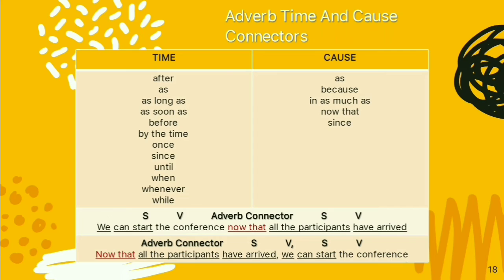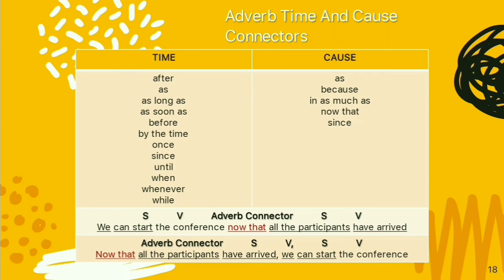We as subject, can start as verb 1, now that as adverb connector, all the participants as subject 2, have arrived as verb 2. Okay, the example for the second formula: now that all the participants have arrived, comma, we can start the conference.